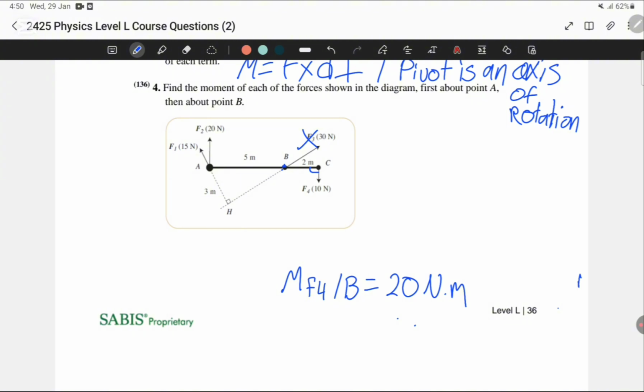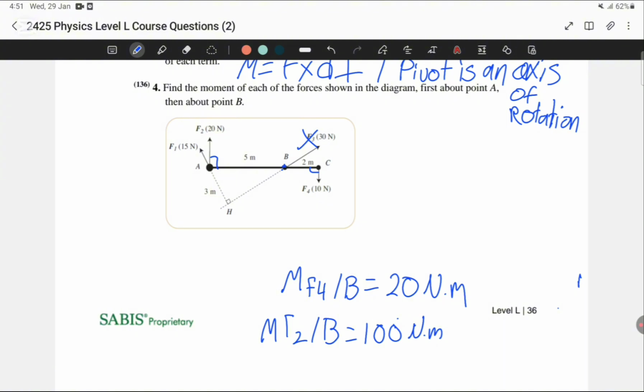Now we do force 2. Moment of force 2 on B is equal to, since it's perpendicular here, 20 times 5. So it's going to be 100 newton meters. Okay, and we forgot to check if they're clockwise or counterclockwise.